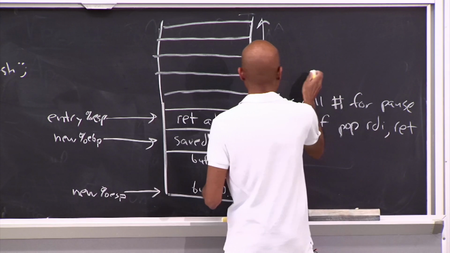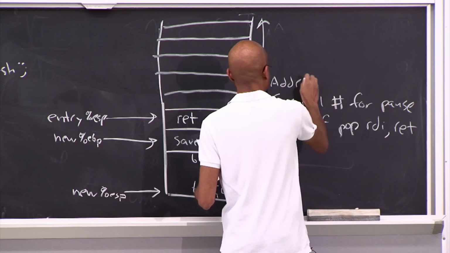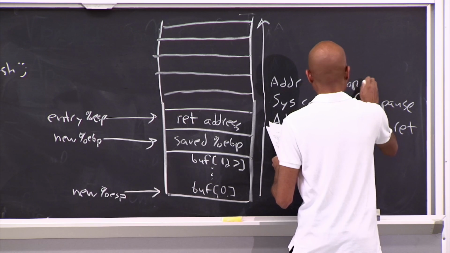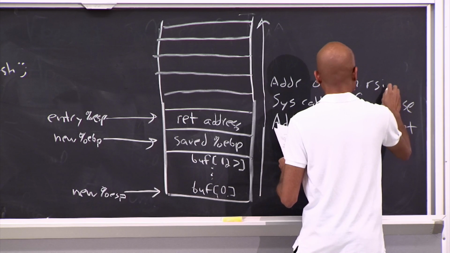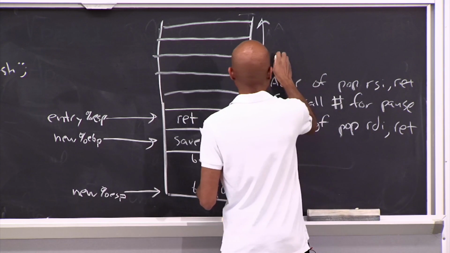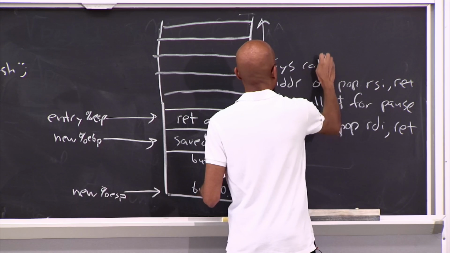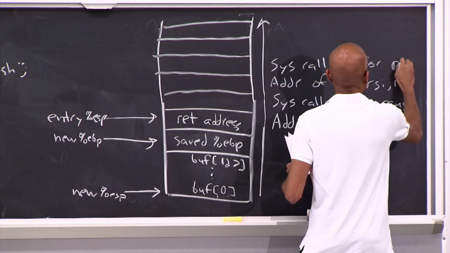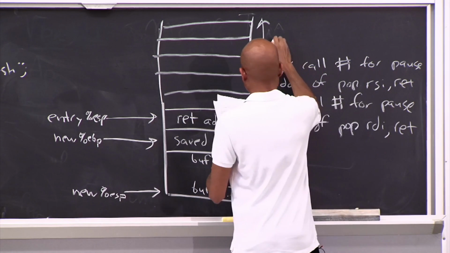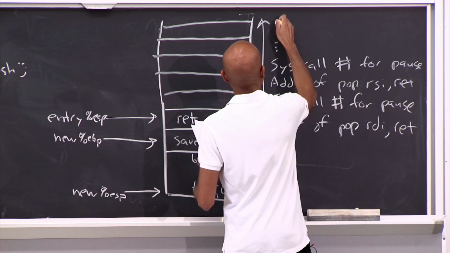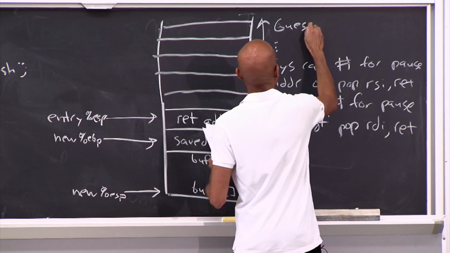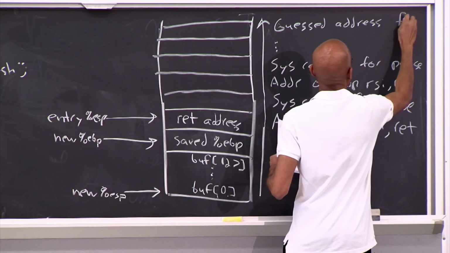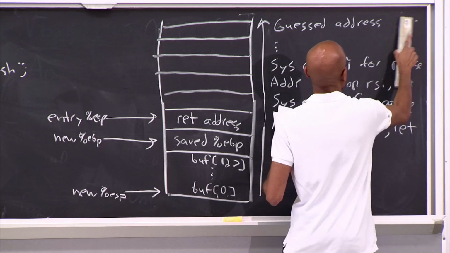And then let's say that we have another gadget that we found that does a pop into a different register, let's say RSI. And then we'll put the system call number for pause up here again. And we do this for all the gadgets that we found. And then eventually, we put the guess address for pause. Or sorry, for syscall, excuse me.